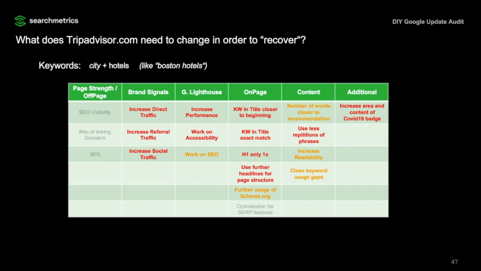So they should increase their brand signals, definitely. They should increase performance and accessibility. They should pay attention to their titles. They should pay attention to their H1 headlines and to the other headlines as well. And they should pay attention to the quality of the content, so, for example, using fewer repetitions of their phrases.